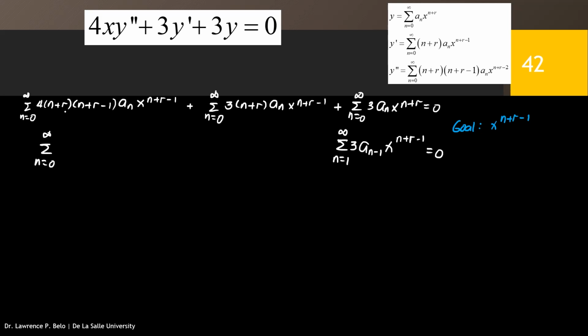So here, let's just factor out n plus r first. I'm left with 4n plus 4r minus 4 plus 3, a sub n x to the n plus r minus 1, plus this term.